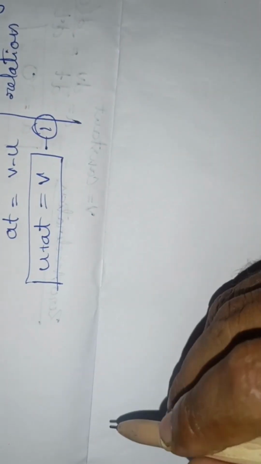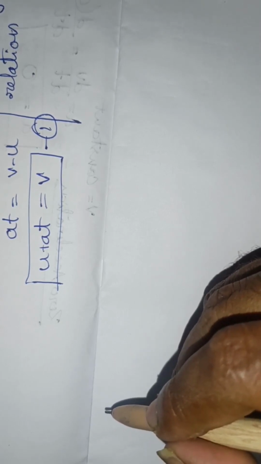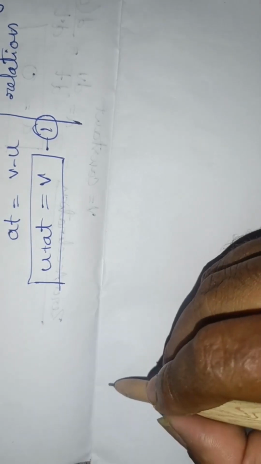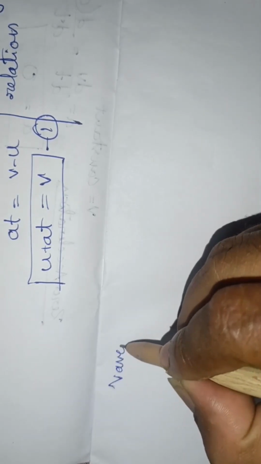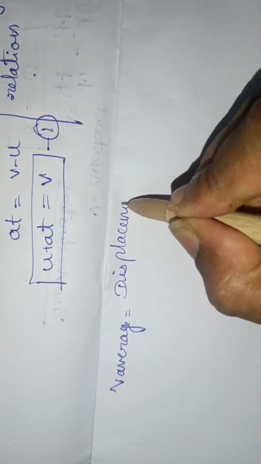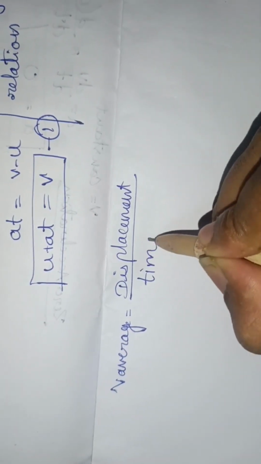Next, we are going to discuss the second part in today's session. Let us see the second part today. Second one, we have to understand with a very basic concept by writing the formula. As we know very well, V average is equal to displacement by time. You know what is V average? V average is equal to displacement by time.